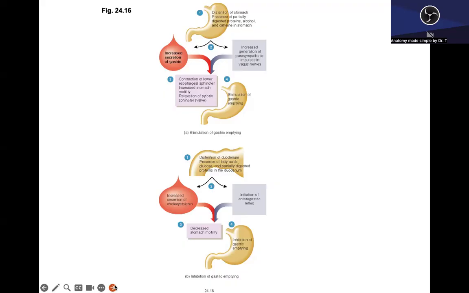With gastrin, you will remember contraction of the lower esophageal sphincter. It prevents regurgitation of acidic content from the stomach backwards into the esophagus, increases stomach motility, so it allows for mixing waves, and at the same time it creates a bit of relaxation at the pyloric sphincter, so the stomach starts emptying, and this is what stimulates it.